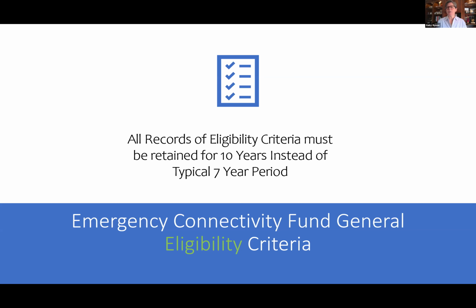Because this program is being implemented so quickly, and it is going to take the federal government some time to audit the program, they're asking that all libraries and K-12 schools keep those records for 10 years. If records or devices are lost during the course of that 10-year period, there are disposal forms that the FCC provides in order for you to keep that as part of that long audit record.